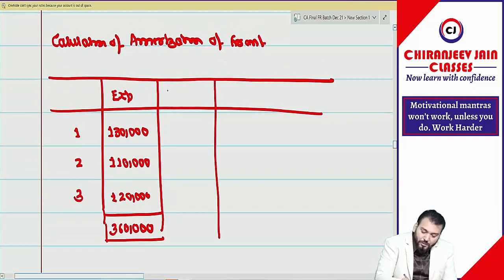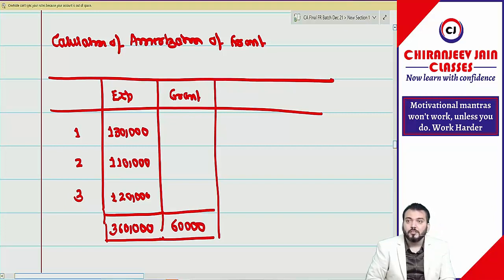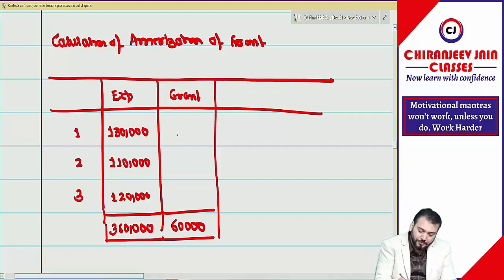Now we need to find out the amortization of grant. What is the total grant? 60,000. The 60,000 will be amortized in this ratio. How much? 21,667.